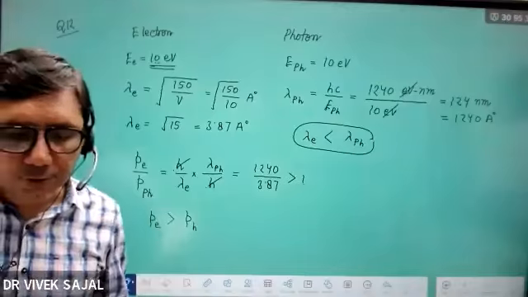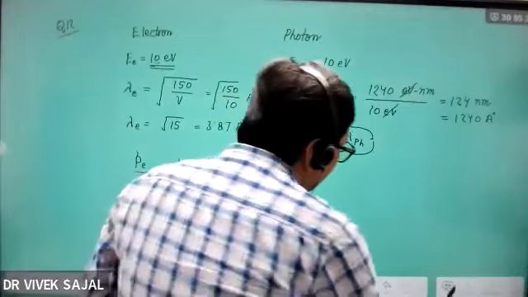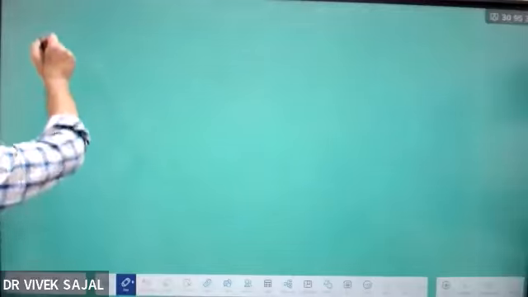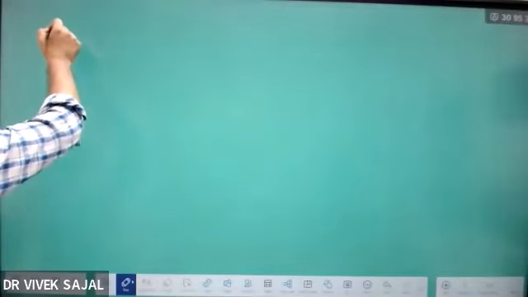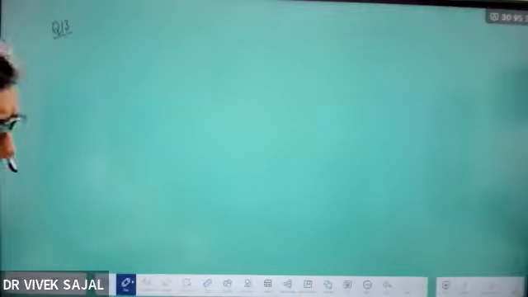Next question, beta. Question number 13. For question number 13, we have not studied that formula, but many of you will be aware. So I will give the formula and then we will think.